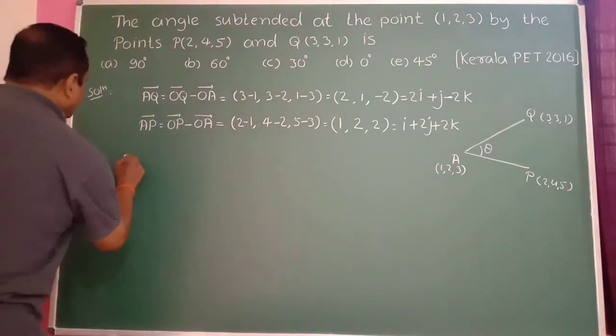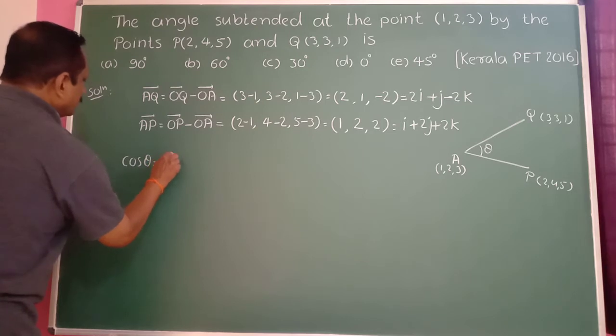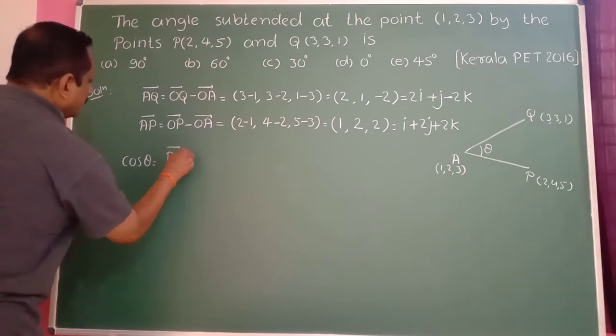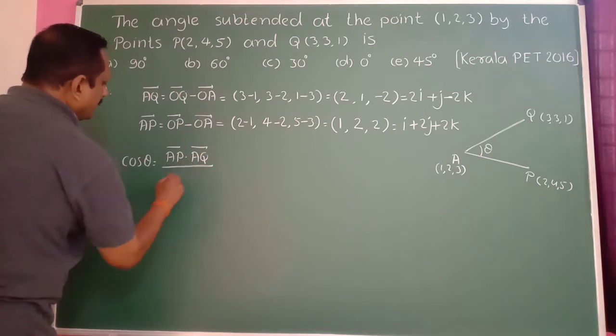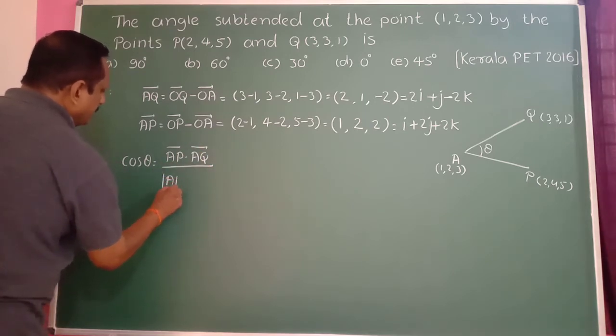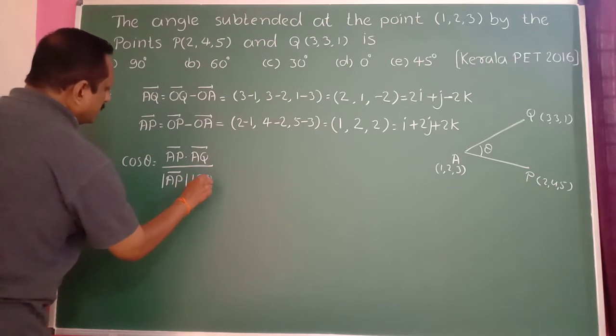Then the angle between the two vectors: cos theta is equal to AP dot AQ divided by modulus of AP into modulus of AQ.